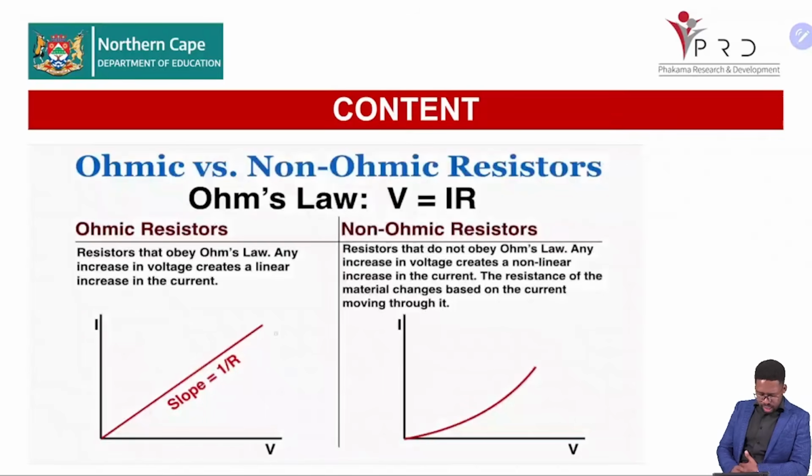When you look at this graph, this is the graph of Ohm's law. The current is directly proportional to the potential difference. That's what Ohm's law says. The potential difference is directly proportional to the current. So as we increase the current, the potential difference also increases, because they are directly proportional at constant what?